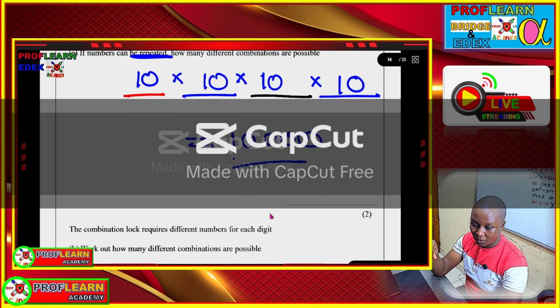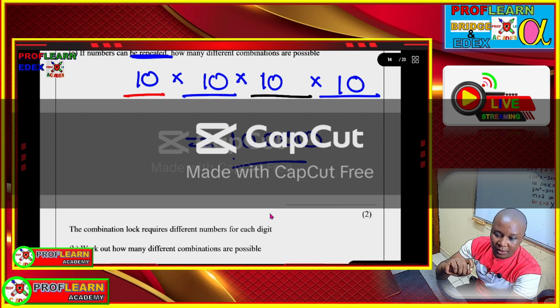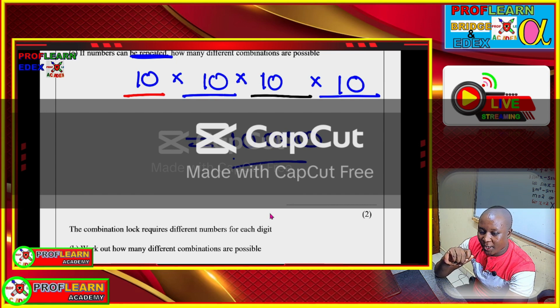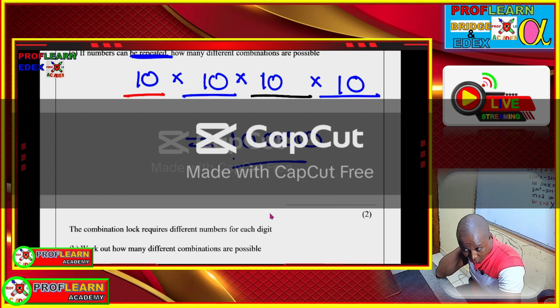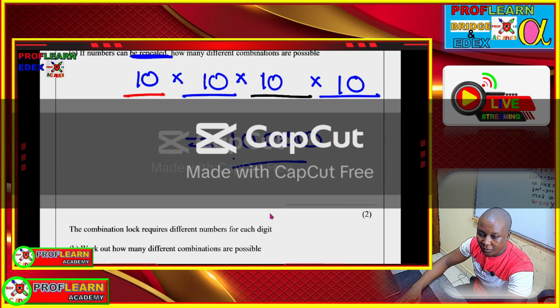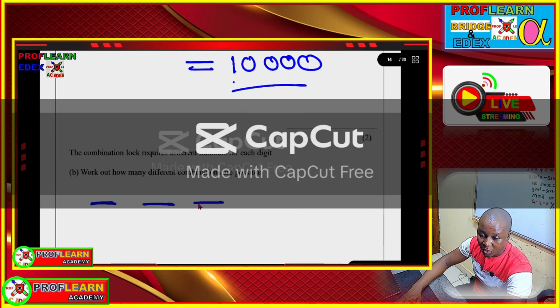And that is going to be equivalent to what? 10,000 different combinations. But if different combinations are required and we are not supposed to repeat here, it will mean that if you have filled the first option, so let me just write it. We shall have 4 digits, so we shall have 4 spaces to be filled.